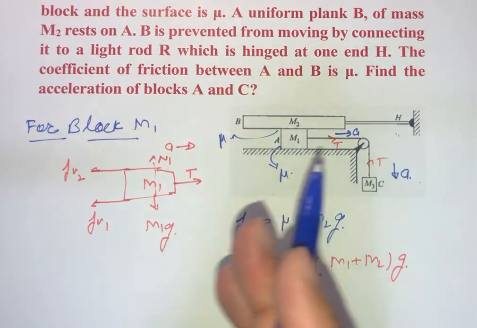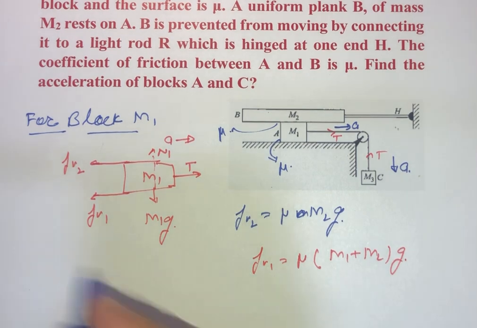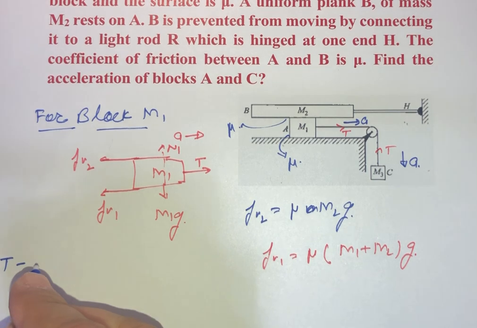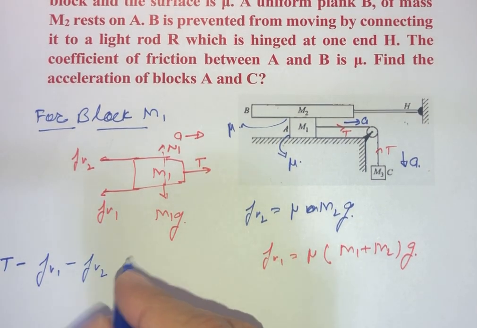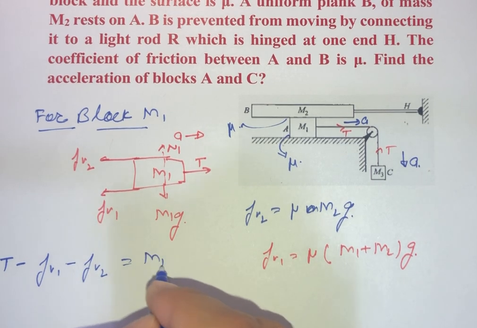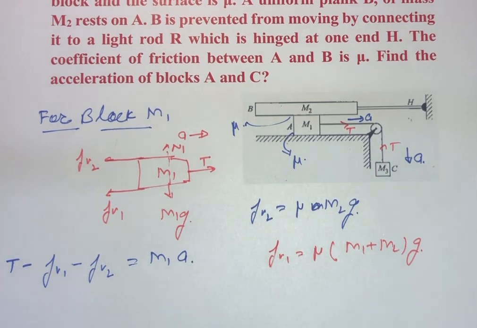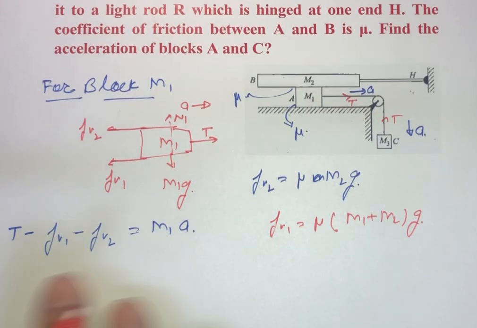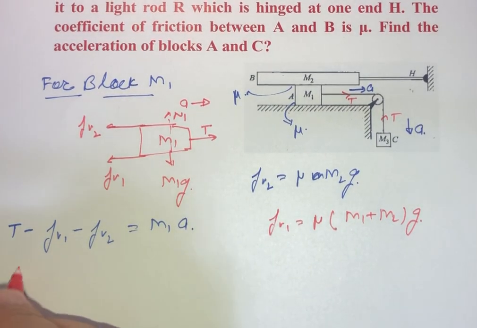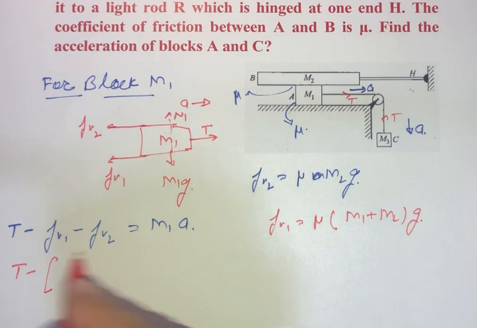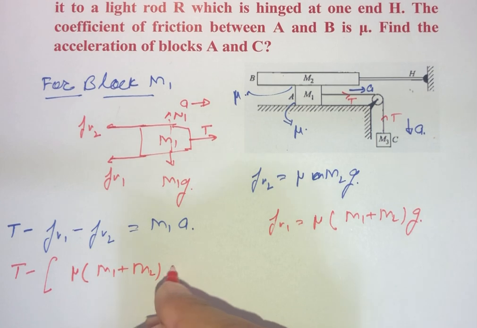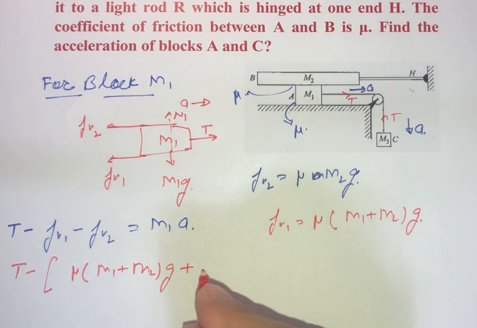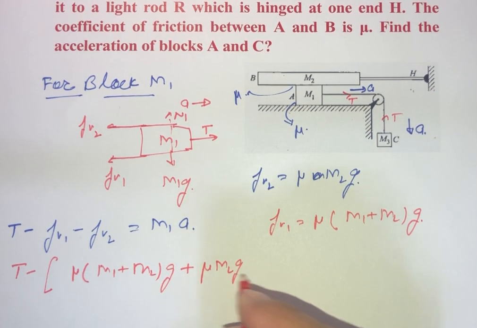Now we can write the equation. It is moving towards the right with the acceleration A, so we can say that T minus FR1 minus FR2 is equal to M1A. We already know value of FR1 and FR2. We substitute it here, so we get T minus FR1 is mu M1 plus M2 G, and FR2 is mu M2G.